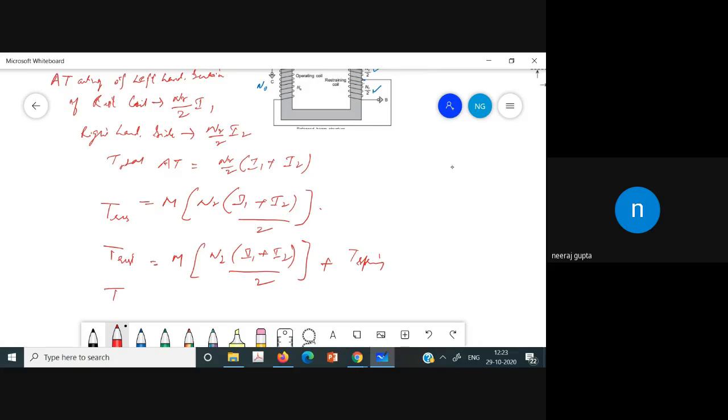Now, operating torque. What is the operating torque? The number of turns in that case is N naught. So with proportionality factor M, we have N naught, and what is the current in that?